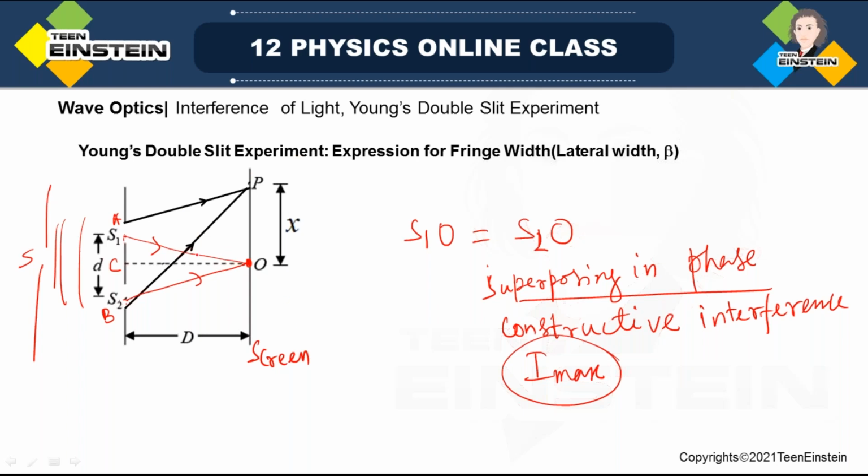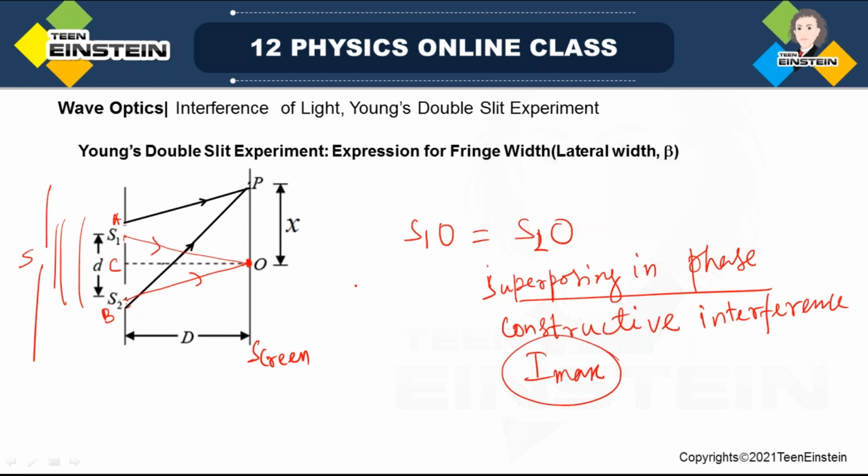Obviously, there will be a path difference when light goes from S2 to P and S1 to P. This S1P seems to be a lesser path than S2P. This is a longer path, S2P. So we have to find out what is the phase difference between the light going to, or meeting at, P from S1 and S2.